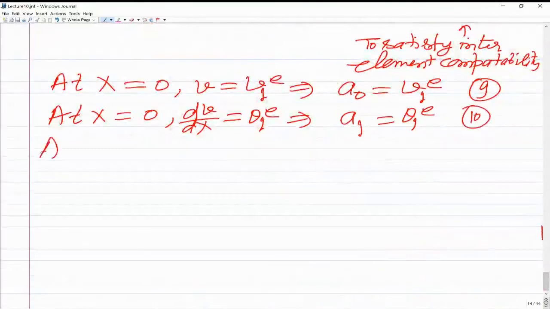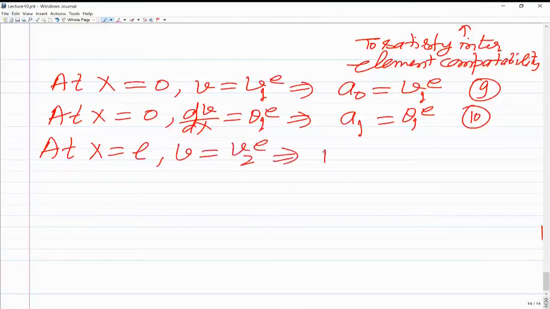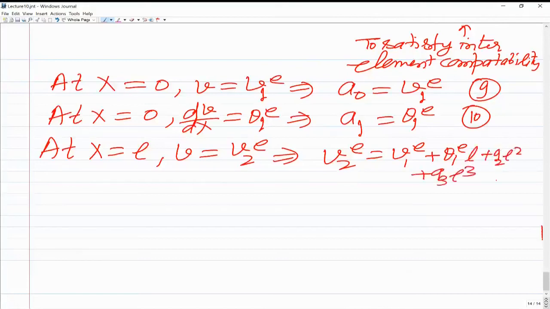Then at the second node, right end x is equal to l, you will have again v equal to v2e. This gives you v2e equal to a naught, which is already v1e, and a1, which is already theta 1e, times l, so we will have v1e plus theta 1e l plus a2 l square plus a3 l cube. Let's say this is equation number 11.